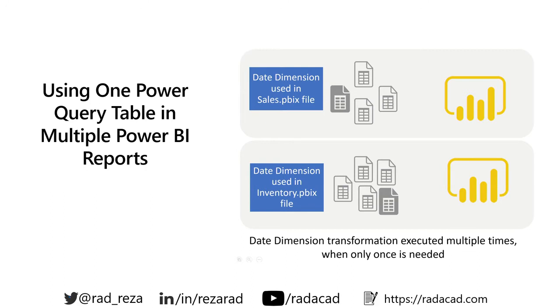To have one single version of your source code. To have one single version of your source code. To have one single version of your source code, to have one single version of your source code, to have one single version of your source code, to have one single version of your source code, to have one single version of your source code, to have one single version of your source code.